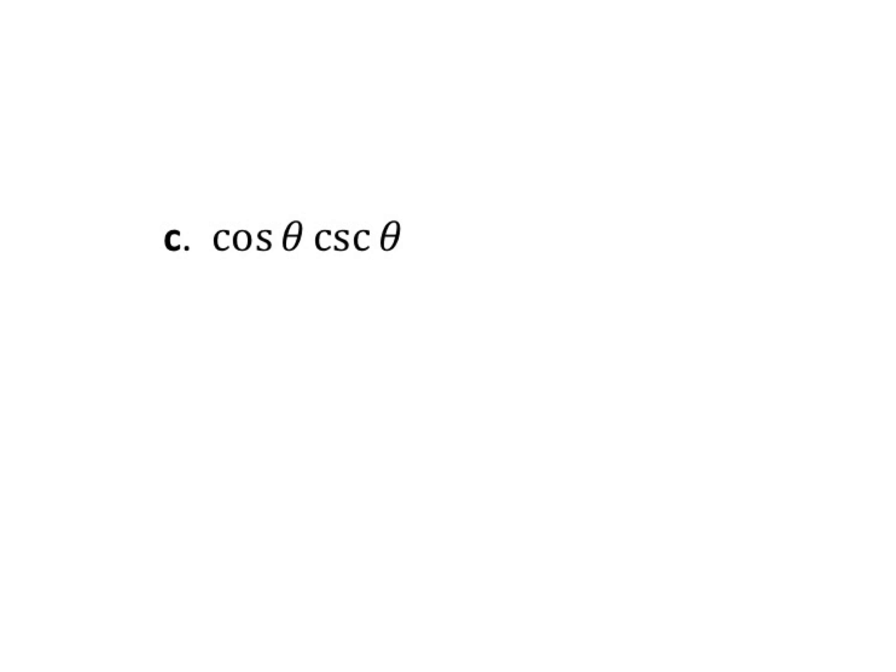So what can I do for C? Remember, we want to try to get everything in terms of sine and cosine. So I already have a cosine. Perfect. I can change cosecant to be 1 over cosine.